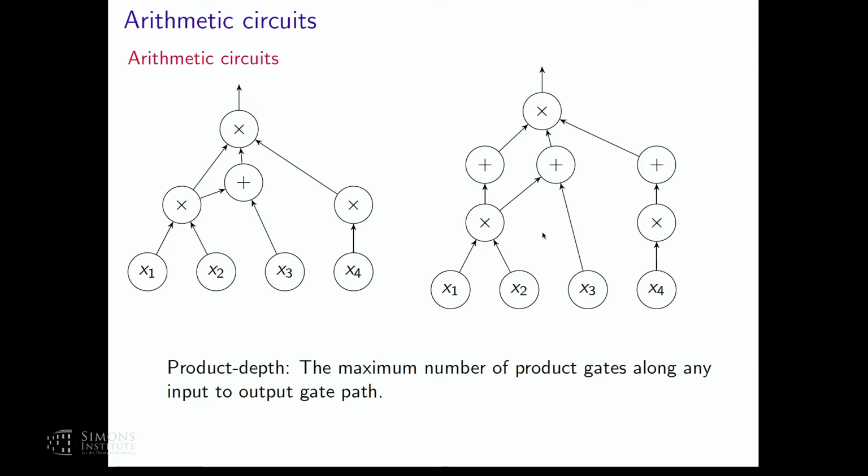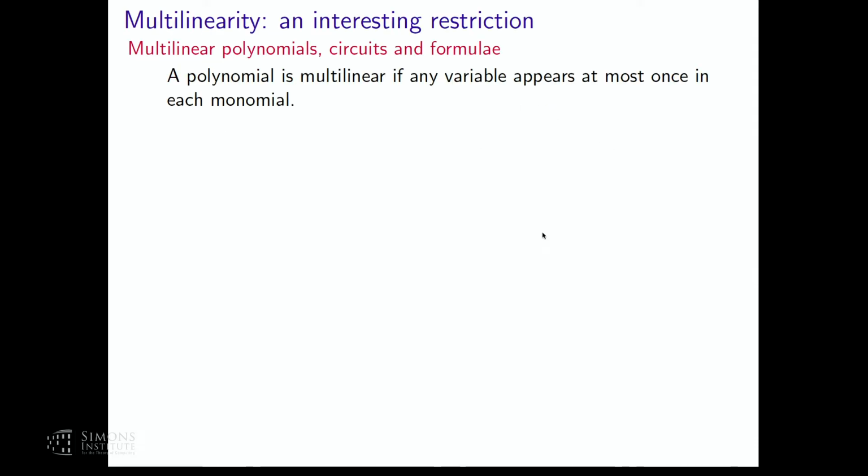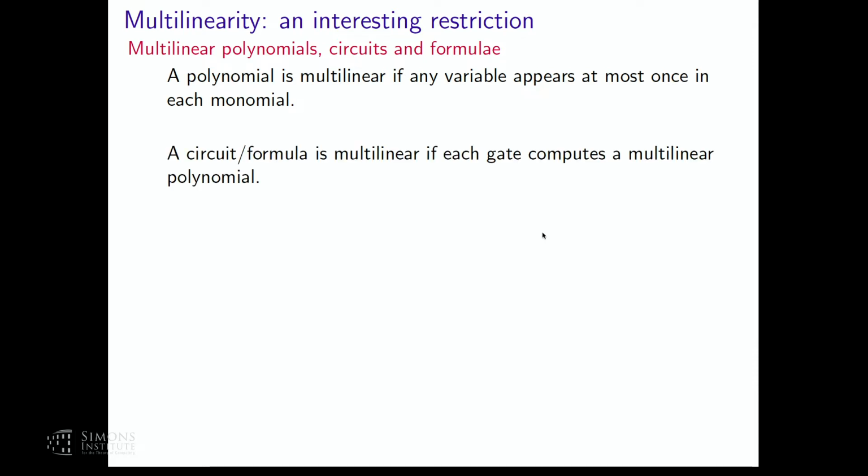In this talk, I'll be focusing on multilinear restrictions. You heard about this in Rinal's talk and in Ilya's talk. Multilinear polynomials are polynomials where every variable in a monomial appears at most once. A computational model, either circuit or formula, is said to be multilinear if every gate inside it computes a multilinear polynomial.